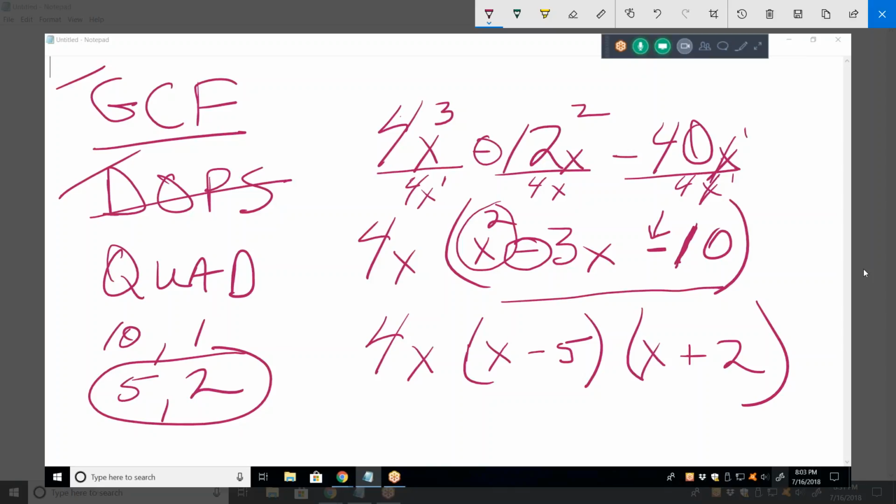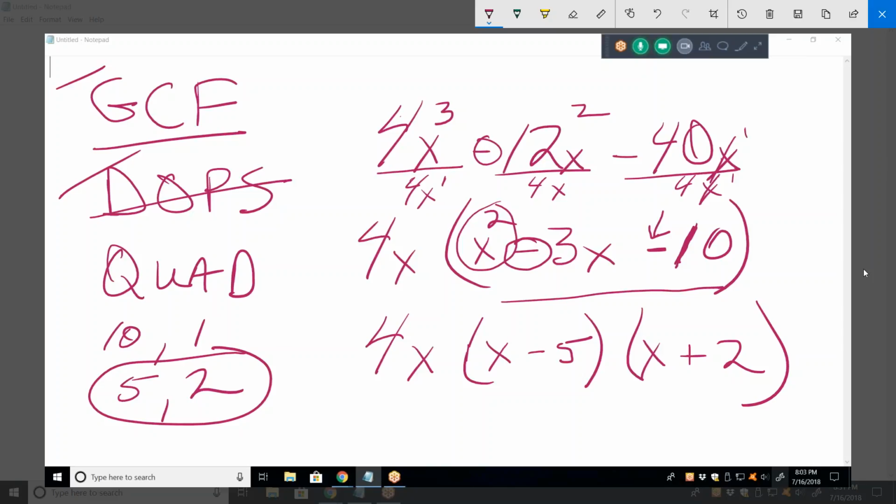Now, you don't always have to do this, but it's not a bad idea to check your answer. Okay? Now, there are 2 ways I could check the answer. I could multiply x minus 5 times x plus 2 and make sure that I get x squared minus 3x minus 10, right?